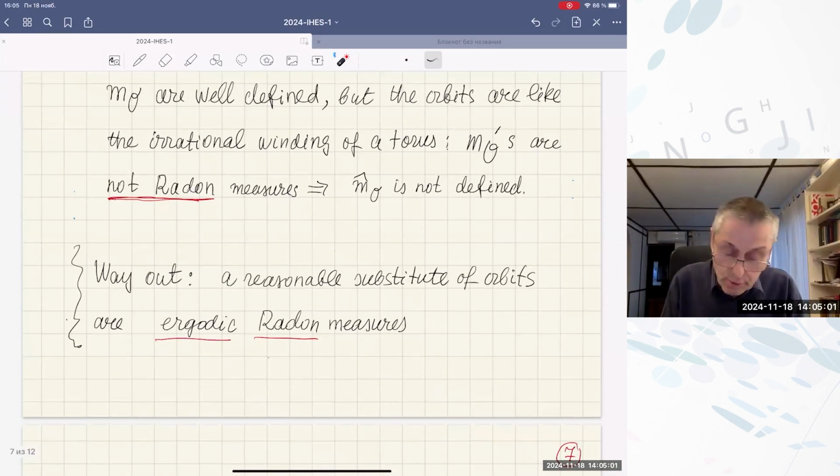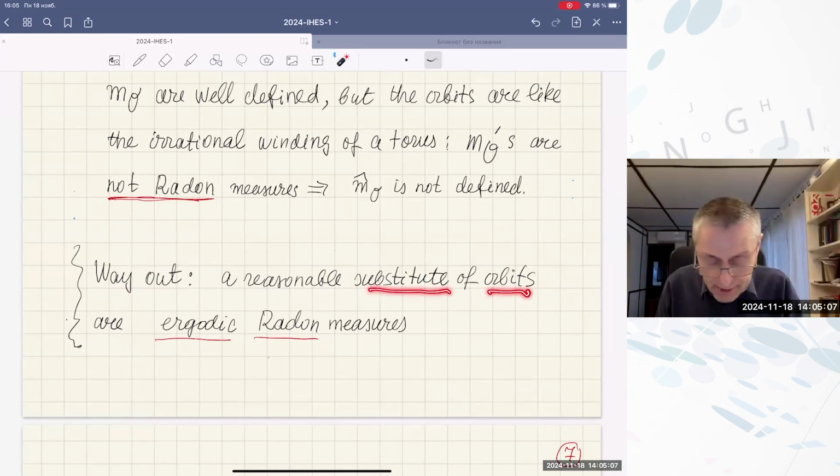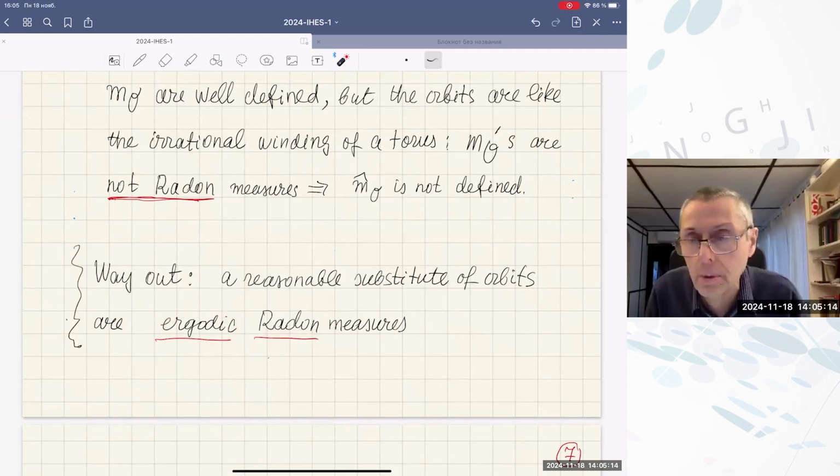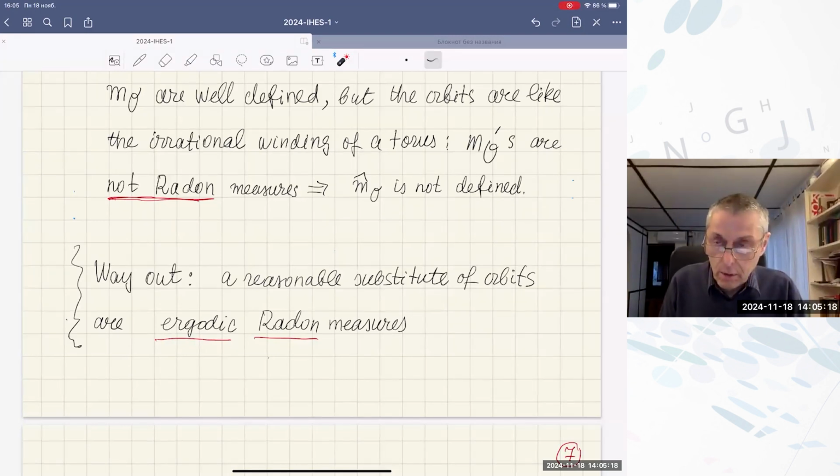So the way out of this situation is that a reasonable substitute for orbits is ergodic Radon measures. So first, we want to consider not orbits at all, but replace orbits by invariant measures, and the simplest, the most elementary ones.